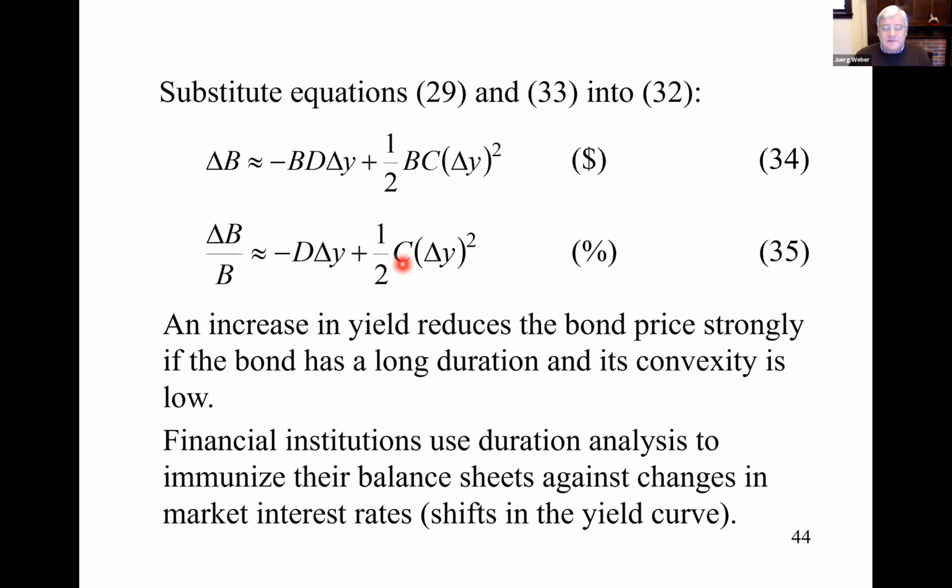The convexity is positive. We have a convex function. So here we have a positive term, here we have a negative term. So the effect is strong if the duration of the bond is long, and if this positive term here is low, because that's offsetting the negative effect here.